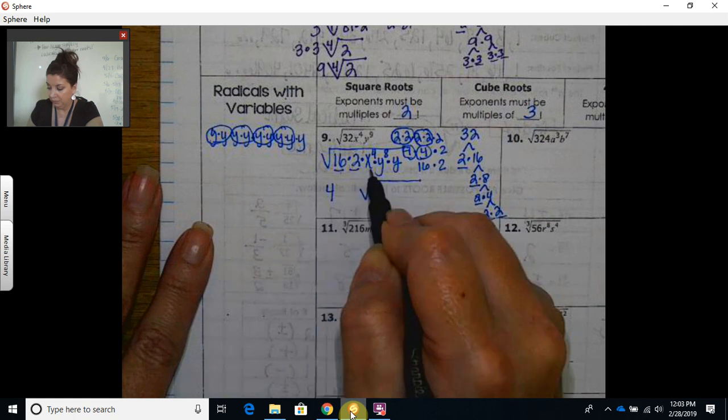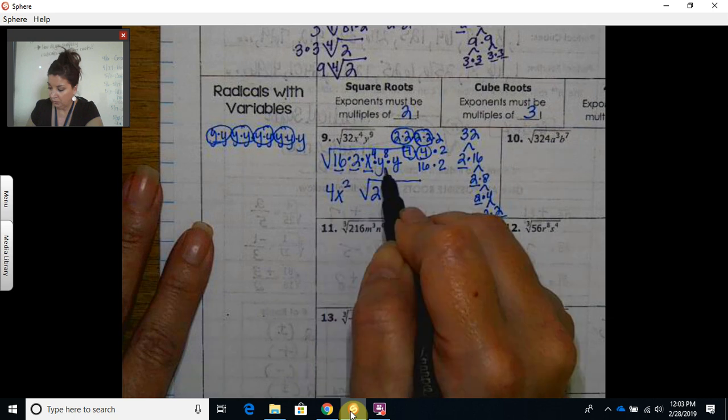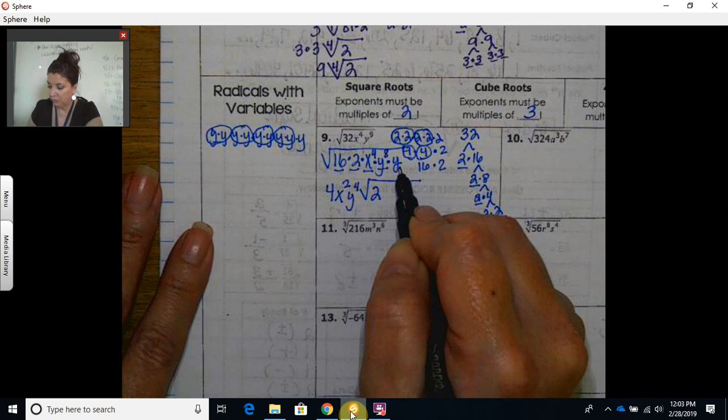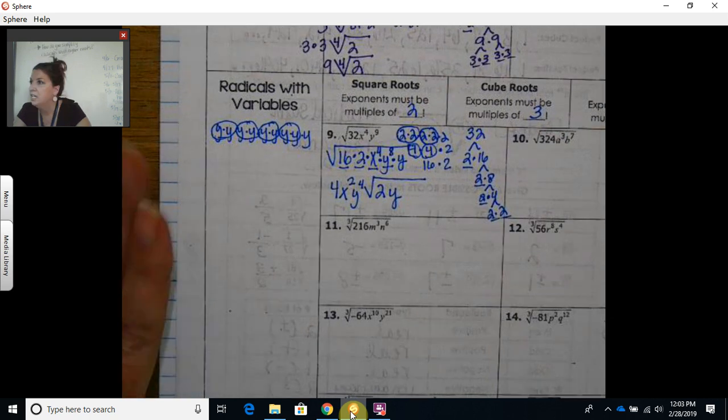X squared. So we took the square root, it goes on the outside. What's the square root of y to the 8th? Y to the 4th. Took the square root, so it goes on the outside. What do we do with this y? Just bring it down. Does 2y have any perfect square factors? No.